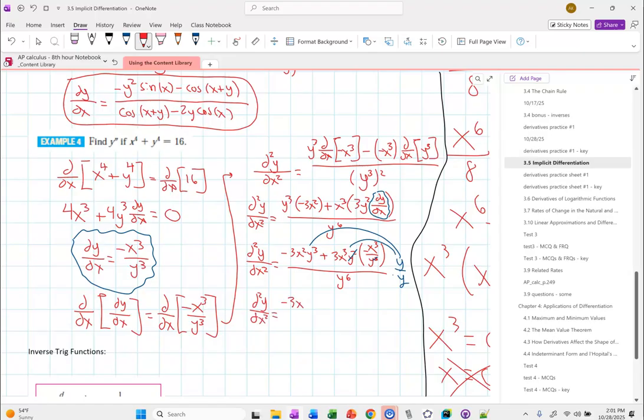So I'm going to have negative 3x squared y to the fourth, plus 3x to the, I should say it's minus now, to the sixth, no y's, over y to the 7.